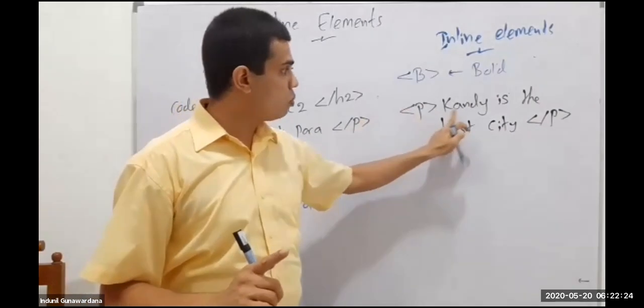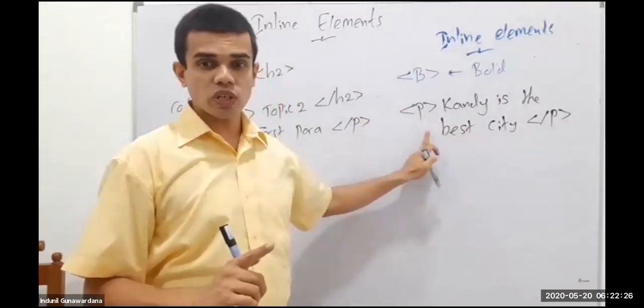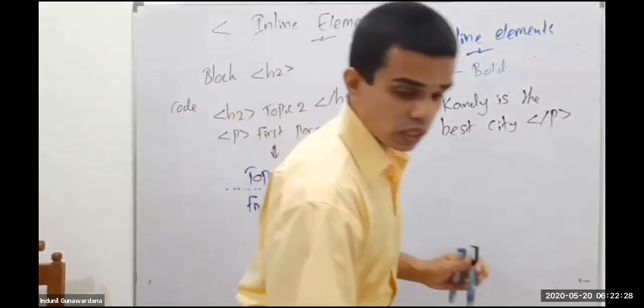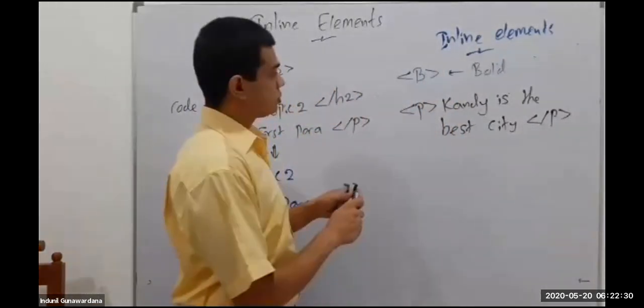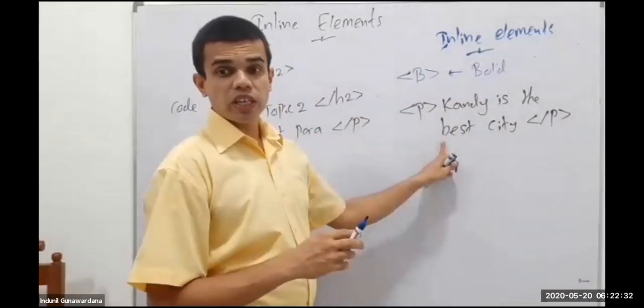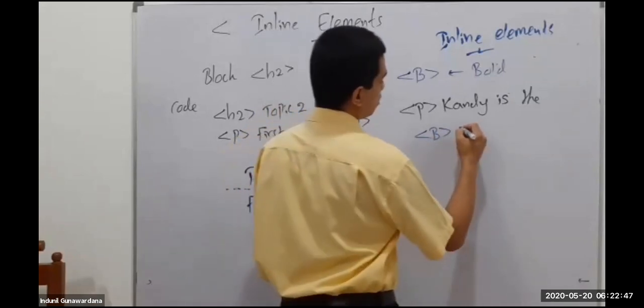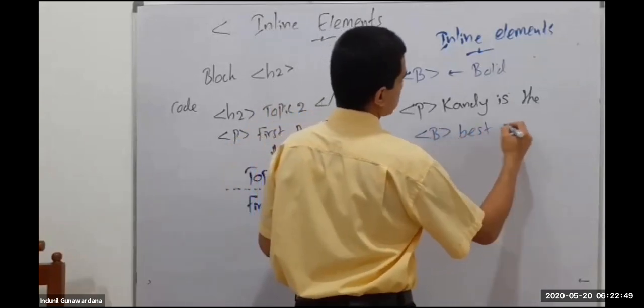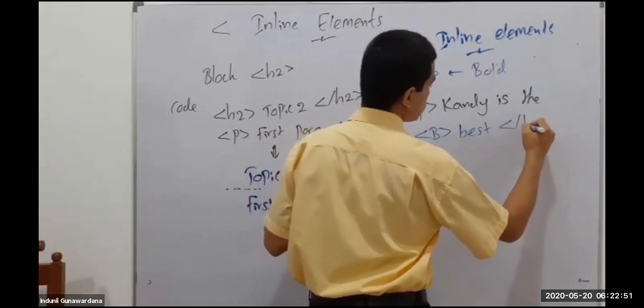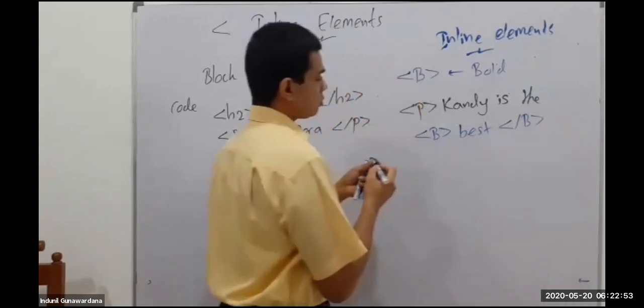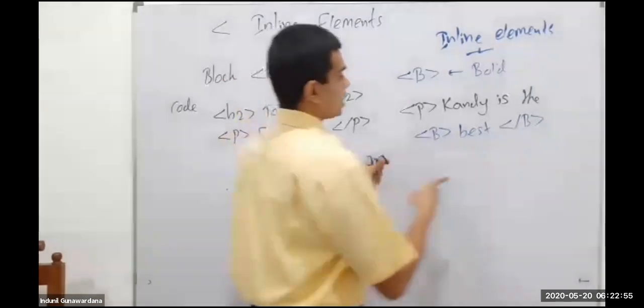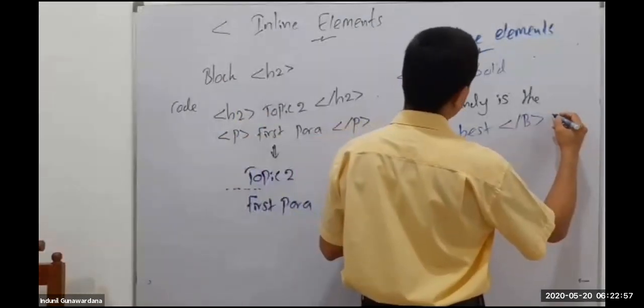If I want to bold this word best, what should I do? I must use the bold tag covering the word best. So I'm going to go for the B tag. Then I'm going to write best. Then from that, the bolding is over. Now I'm continuing to the rest. And is the best city.